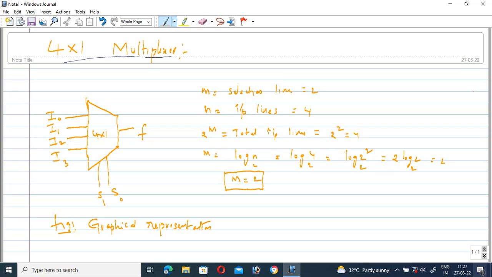So now see the truth table for this 4 by 1 mux. I will write the truth table for the selection lines and function values.